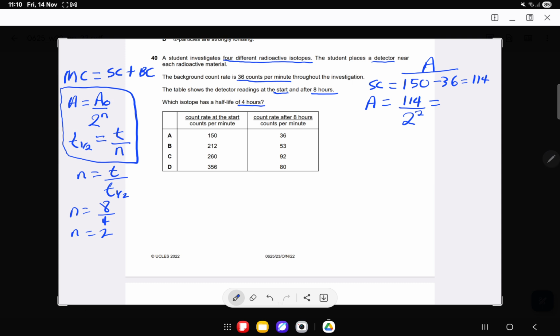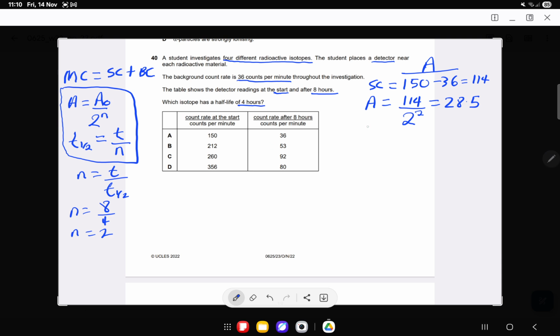Which will give us 28.5. So this 28.5 is the sample count rate after these 8 hours. But what we want to know is the measured count rate.